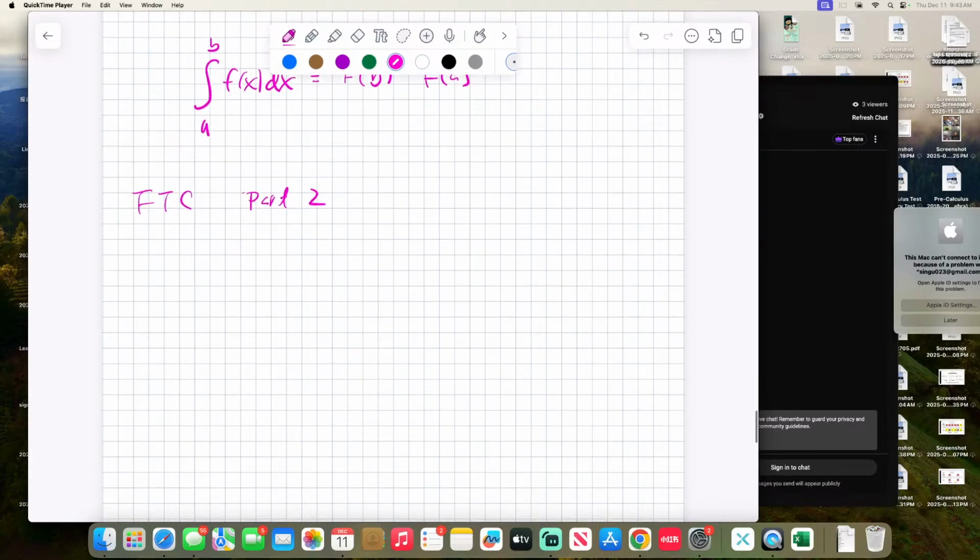FTC part 2 basically says, hey, I want to take a derivative of a function that's the integral between 0 to x of f of x dx. So I'm taking the derivative of an integral. Obviously, by looking at this, you can say, well, that's very easy.